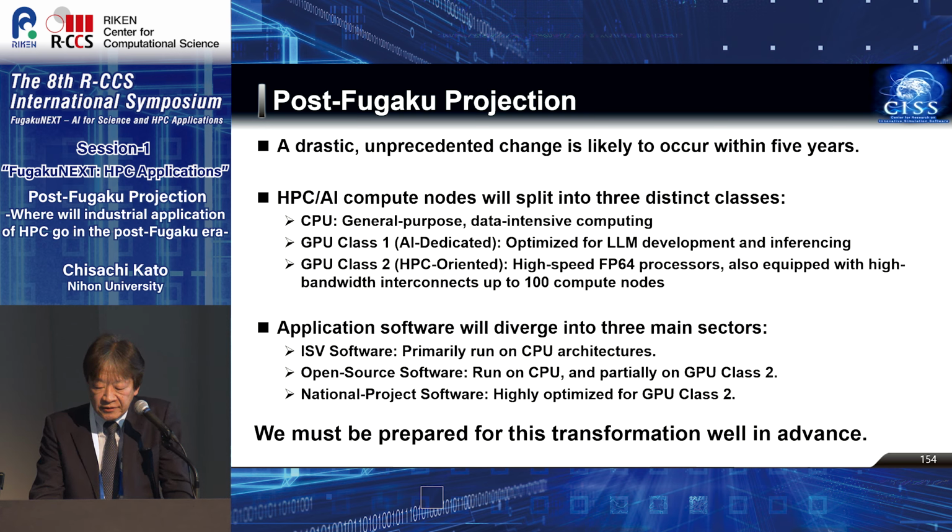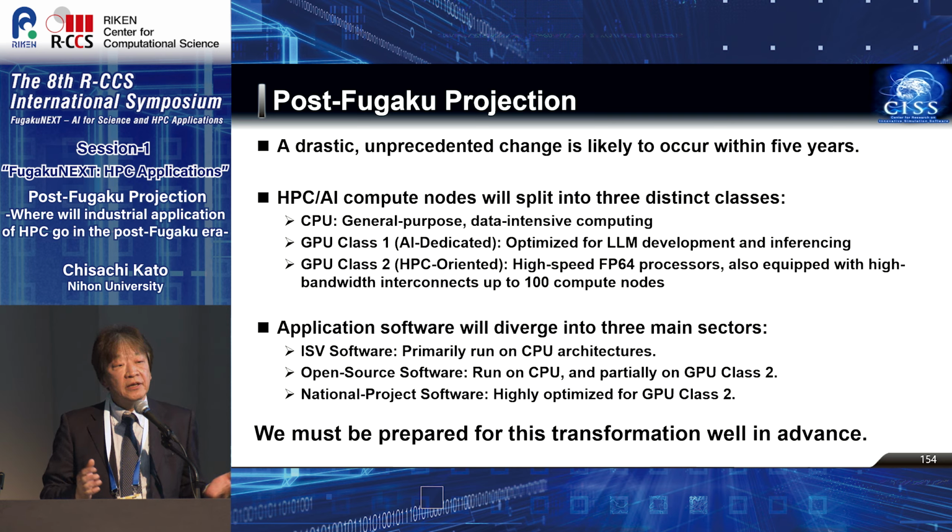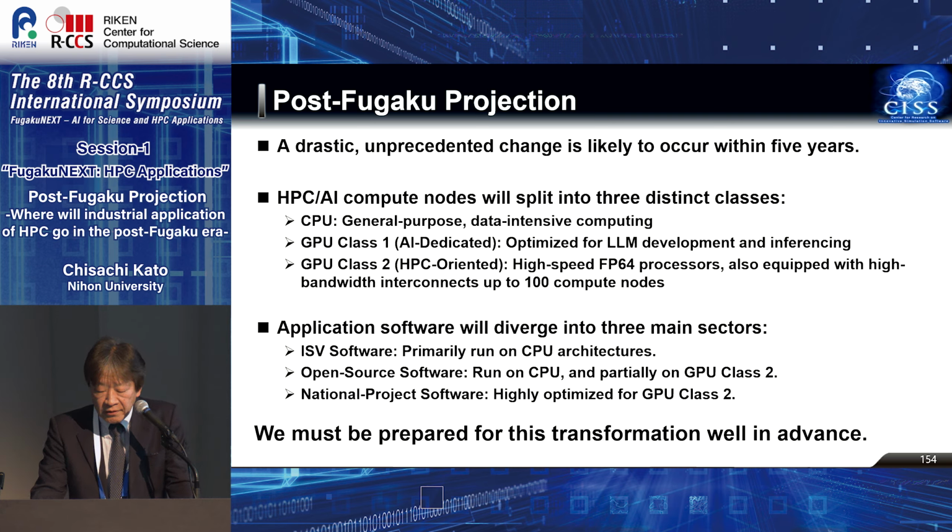One GPU class is AI dedicated, optimized for language model development and inferencing. The GPU class 2 is just the GPU of FugakuNEXT. HPC oriented, with high-speed FP64 vector processors, and also equipped with high memory bandwidth, like HBM6, probably, and interconnect, the successor of NVLink 72, maybe up to 100 computing nodes, or 400 GPUs, will be hopefully connected by the high-speed link.